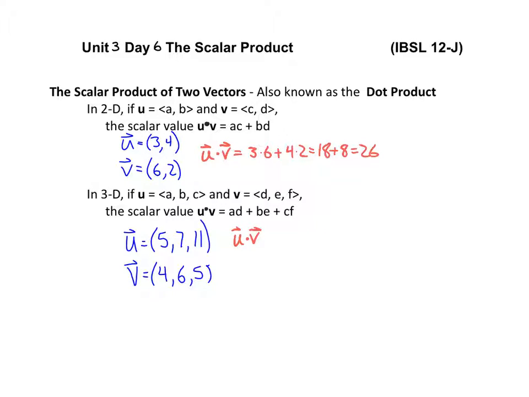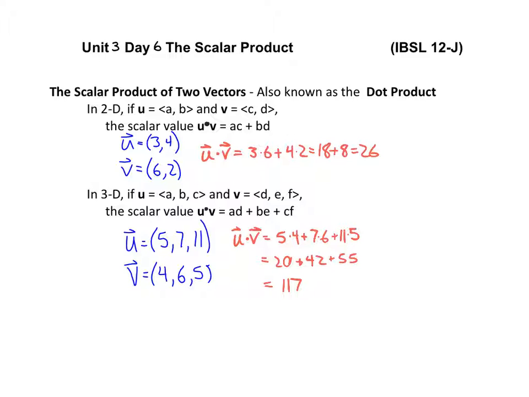It's the same concept, we just have a third component. So we're going to do 5 times 4 plus 7 times 6 plus 11 times 5. So we have 20 plus 42 plus 55, so we get 117. Okay? And that's all there is to it.